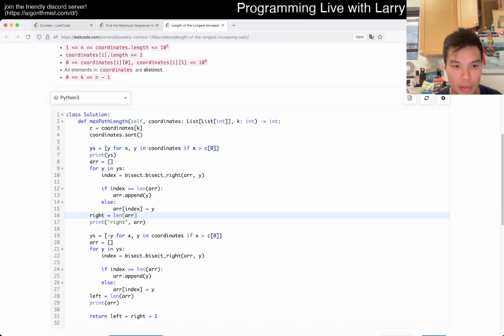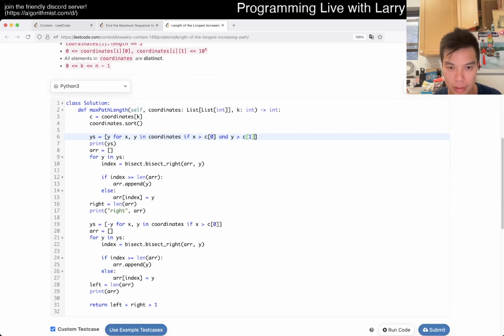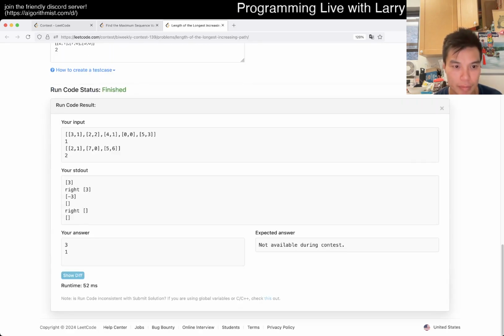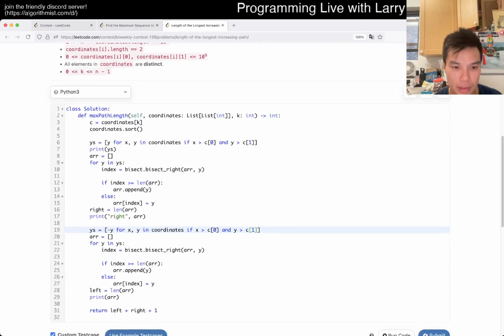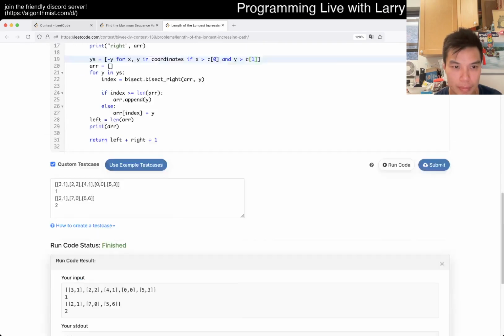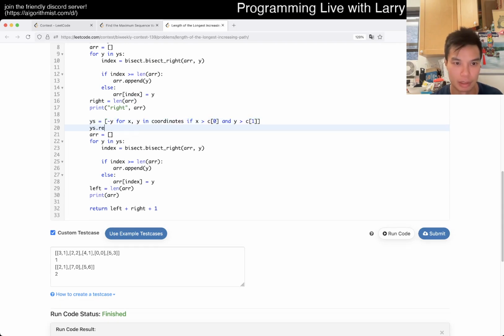Oh, I got the longest increasing thing, but we also have to do and y is greater than. Yeah, that's why. 3 and 1. 3 is fine. 1 is not fine. I think I have to reverse this.